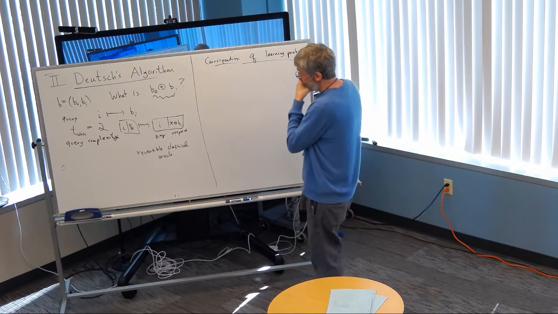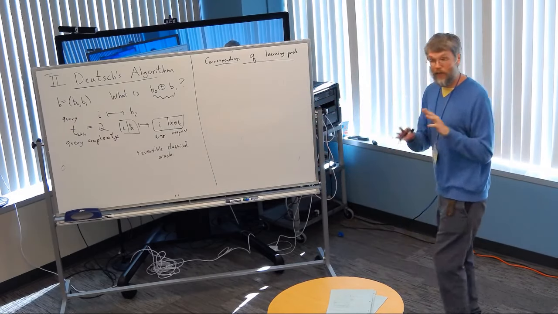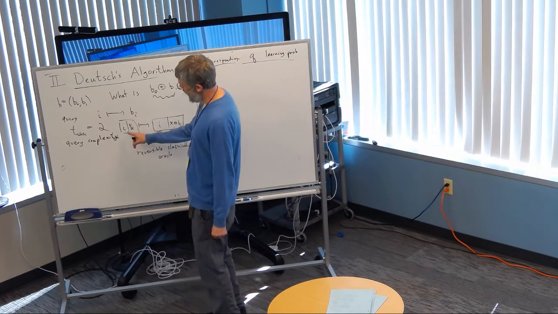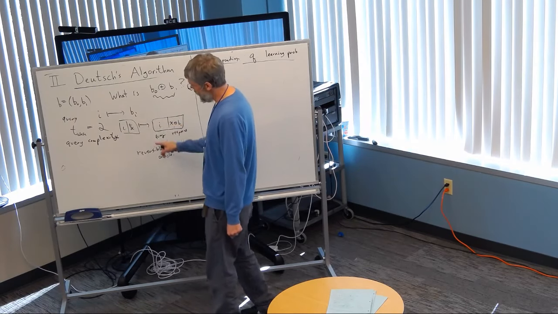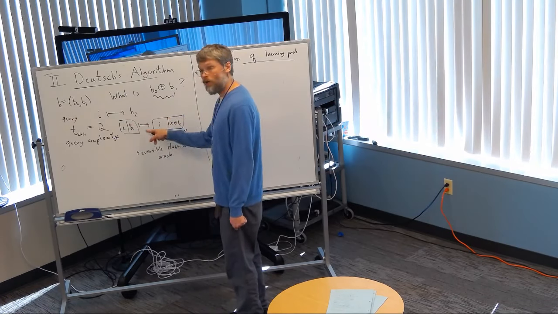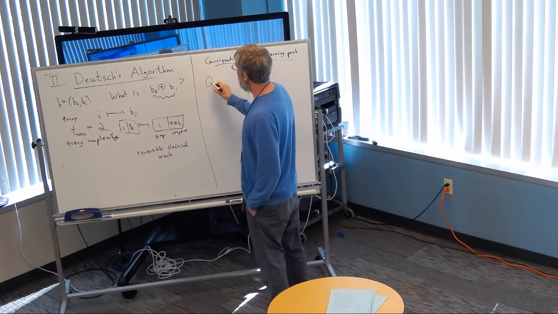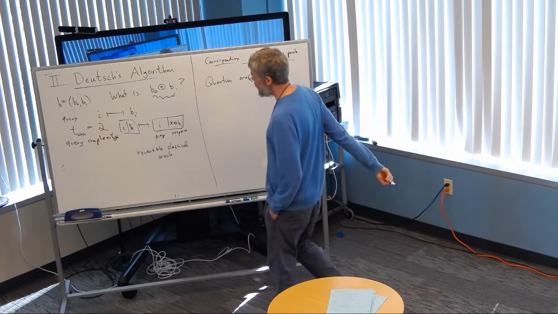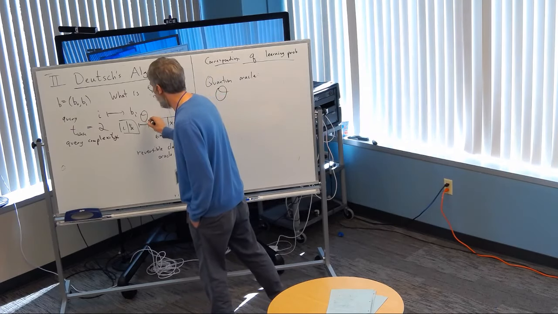Well, the quantum version of this is simply to linearize it. What does that mean? It means that instead of putting in a pair of bits and mapping those bits to this pair of bits, you're going to allow putting in a superposition of these pairs of bits and map them to the corresponding superposition of these bits. So here's how the quantum oracle works. We're going to call this O sub b.